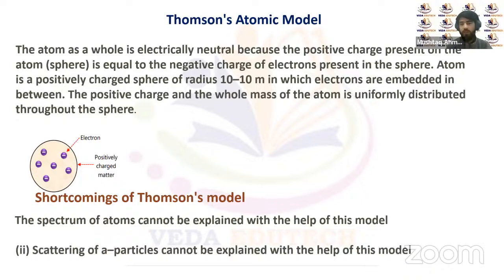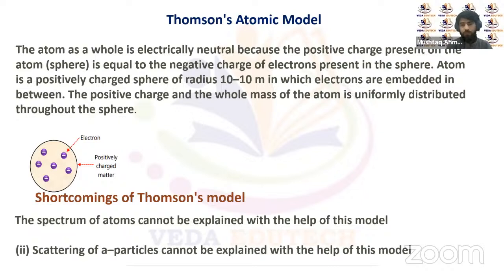He considered the atom as a spherical charged ball, and this positive charge is uniformly distributed within the volume of this sphere, and within this volume there is a distribution of electrons as well. So it was a very basic and fundamental model given by Thomson.